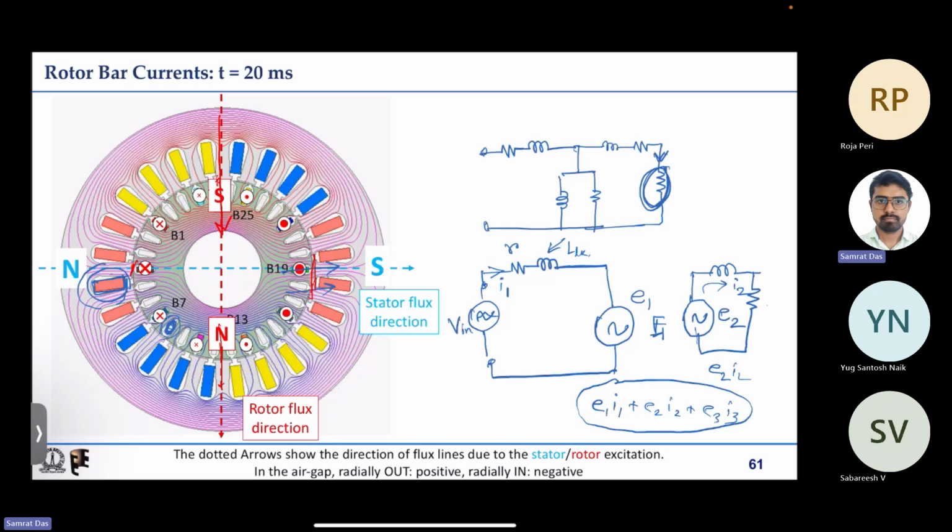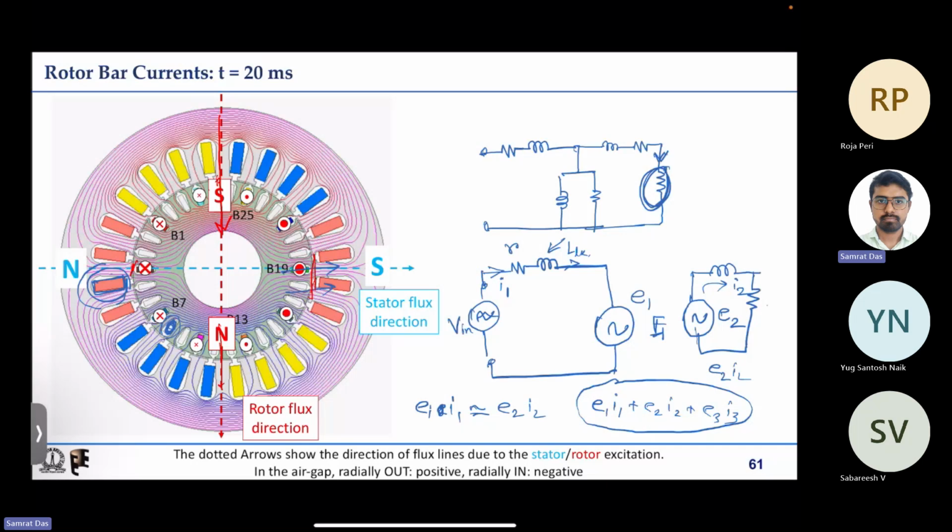Power factor angle will be significant on the stator side, but not that significant on the rotor side. So E1 into I1 can be approximately written as E2 into I2, because this is the same air gap power that is flowing in this case.